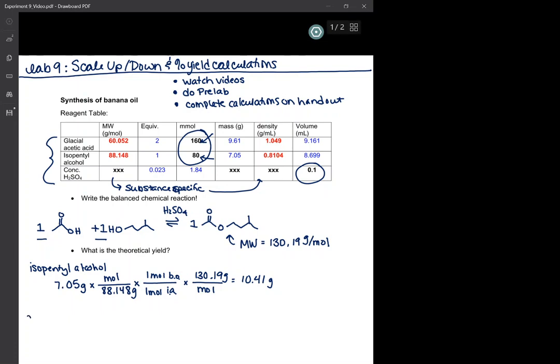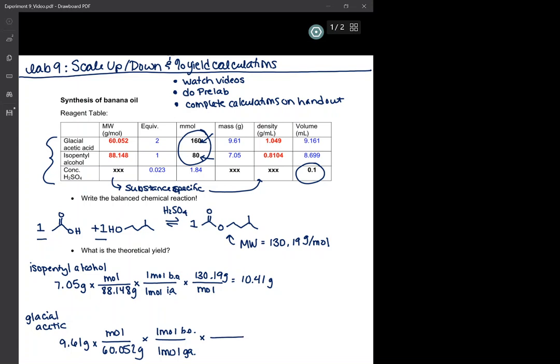But let's just go ahead and see, if we start with our glacial acetic acid, how much of the product we can make. Okay, so we start with 9.61 grams. We're going to divide by our molar mass. We're going to account for the stoichiometry of the reaction: 1 mole of glacial acetic acid gives us 1 mole of our banana oil.